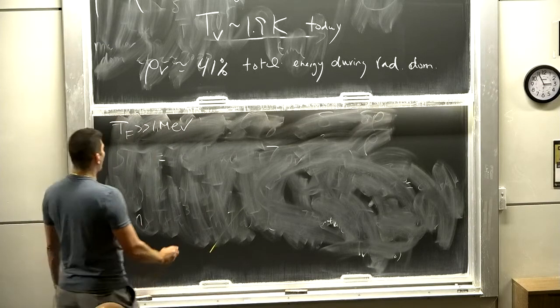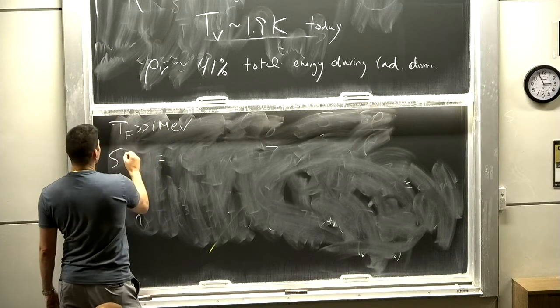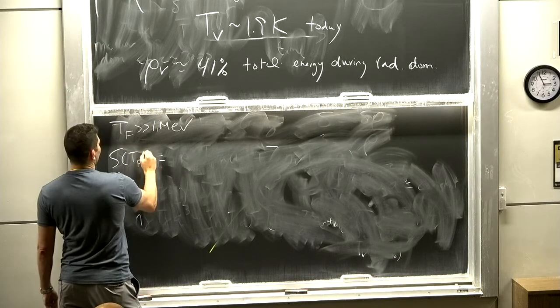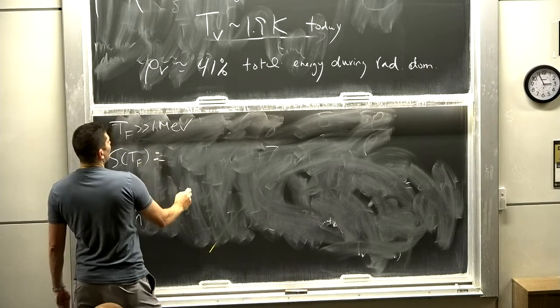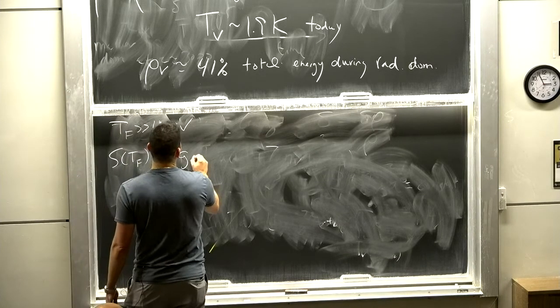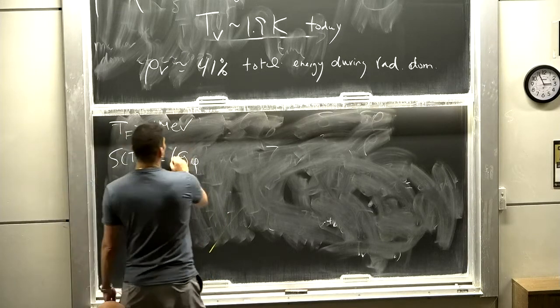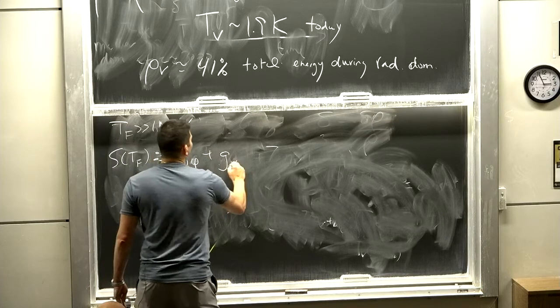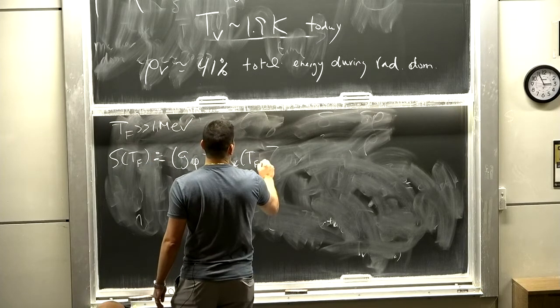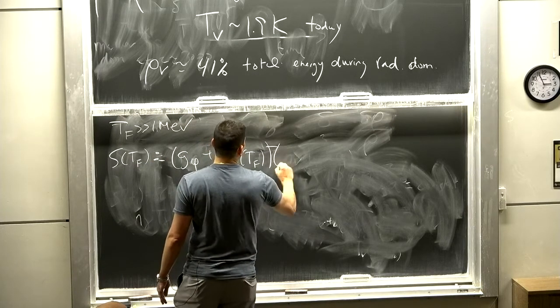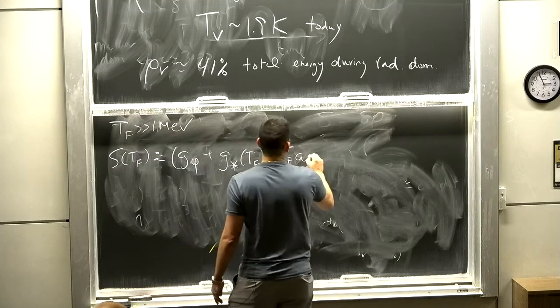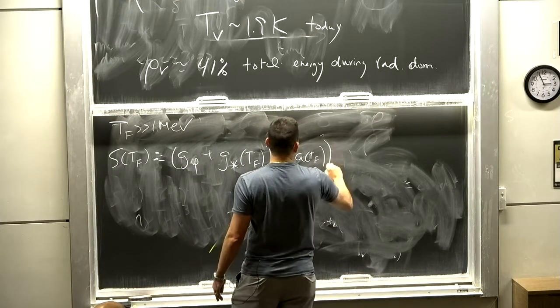And so what we'll have is that the entropy at the temperature where it freezes out is given by whatever the number of degrees of freedom in this phi sector are, plus G star of the standard model at the temperature TF, times TF a of TF cubed.